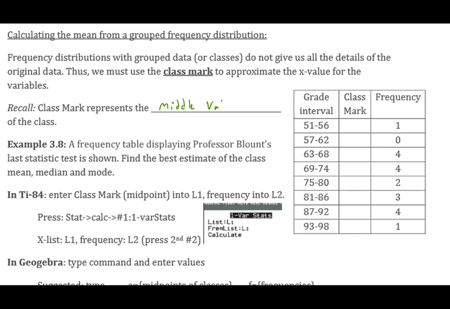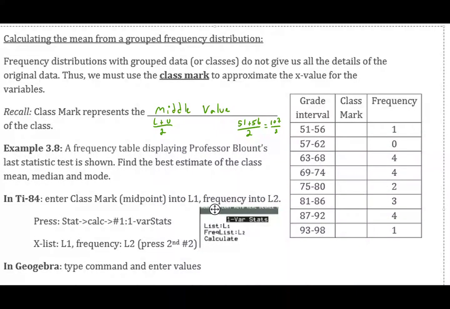of each class. So to find the middle value, we're going to take the lower value plus the upper value and divide by 2. For the first class, it's going to be 51 plus 56 divided by 2, which would be 107 divided by 2, which would be 53.5.